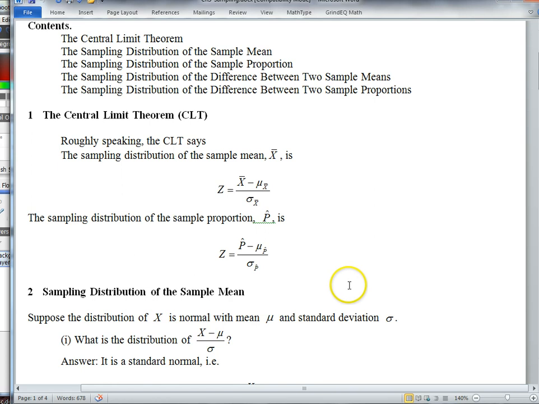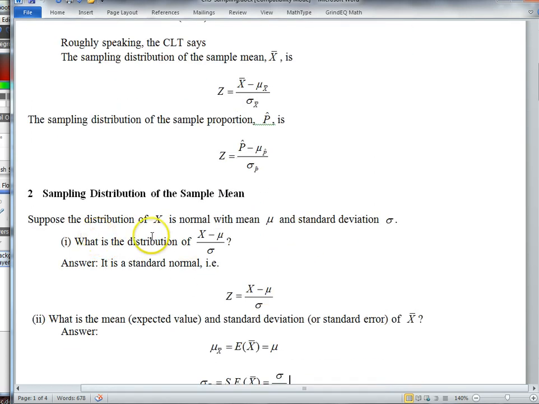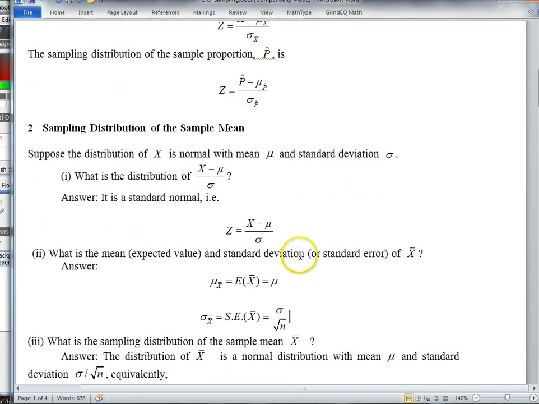Okay, so let's start with the normal distributions. If I start with a normal distribution with mean mu and standard deviation sigma, I know if I take x, subtract mu, divide by sigma, that's going to give me the standard normal. That's what we did in the previous chapter.